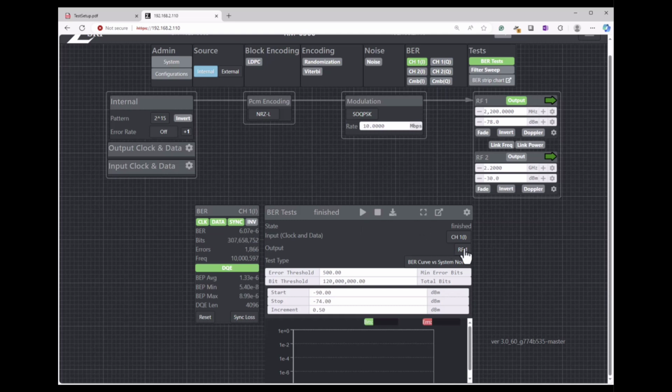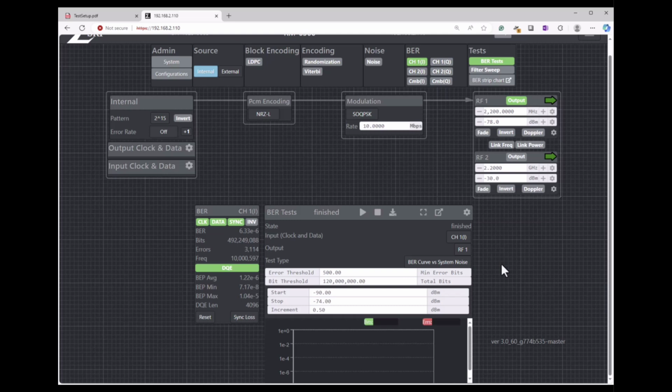We'll set up our test. In this case, we can use the 118 test for BER versus estimated BEP with additive noise, which is 11.1, which uses a system-generated noise to run the test in a very controlled manner.